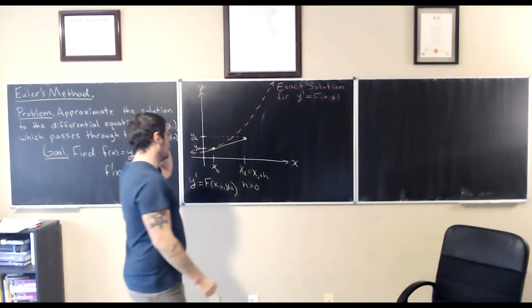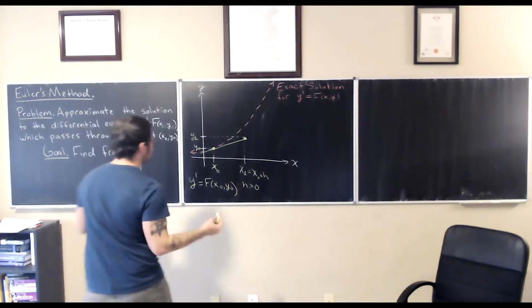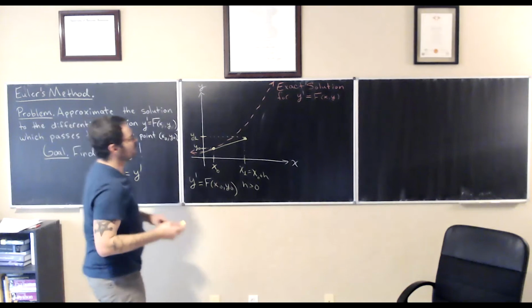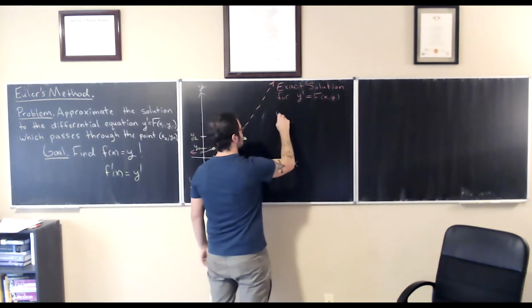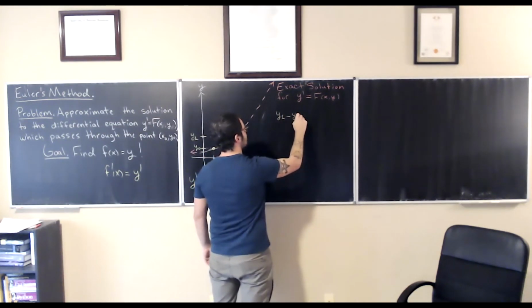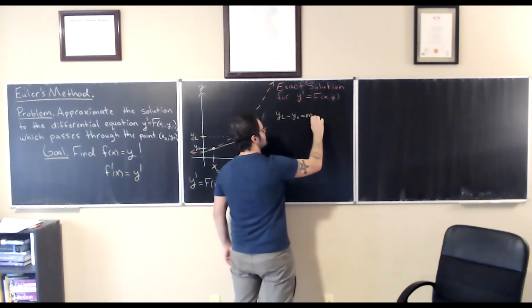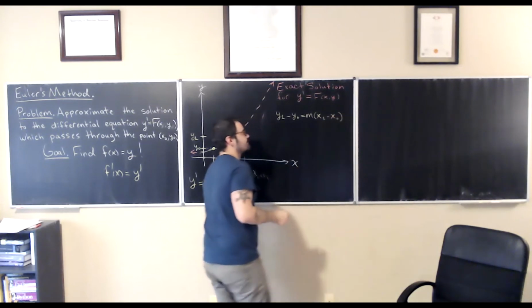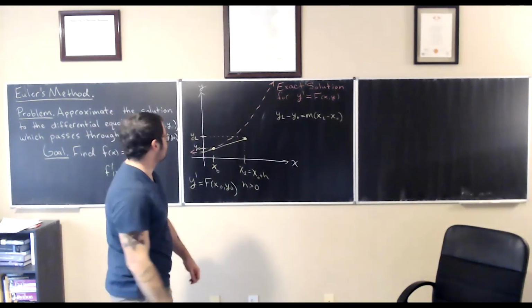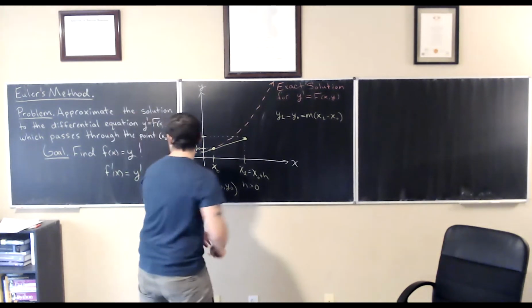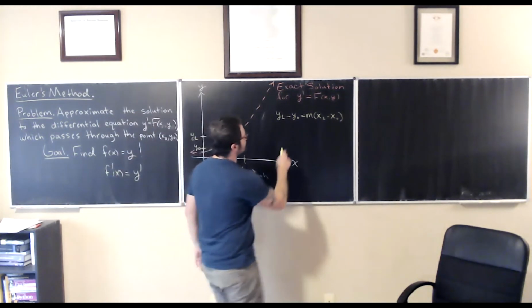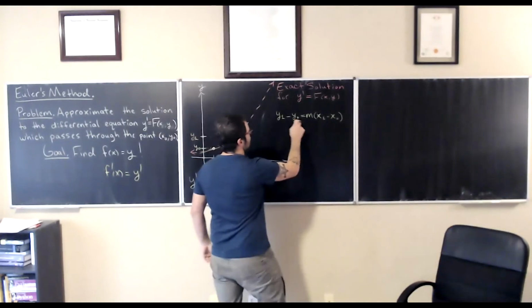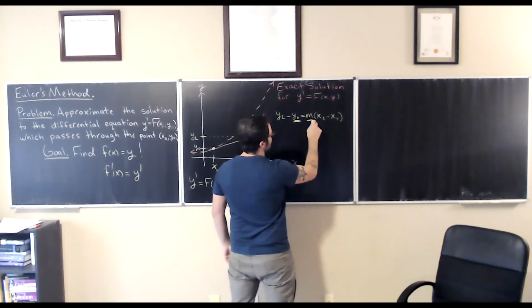Well, what is that y going to be equal to? Just like we did with Newton's method, recall that y1 minus y naught is equal to m times x1 minus x naught. That's the equation of a line. And what do we know in this equation? We know that, so this is that line right there.